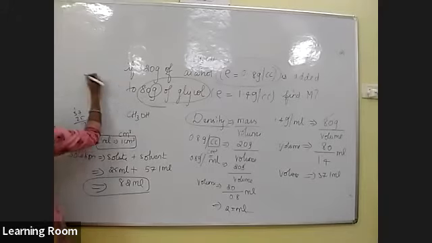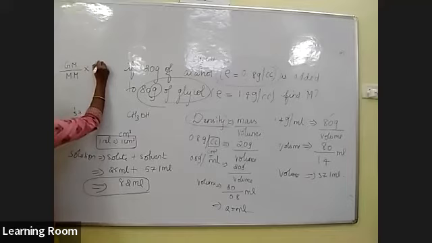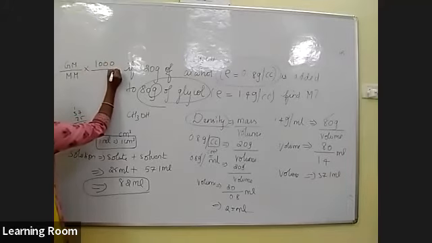For molarity, it is given mass of the solute divided by molar mass, into 1000, divided by the total volume of solution.